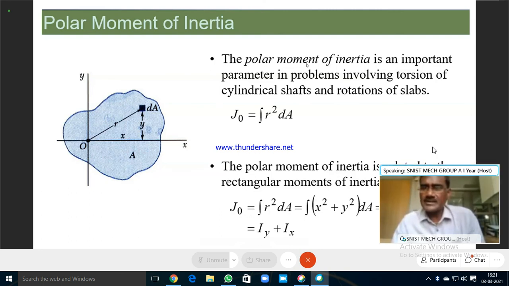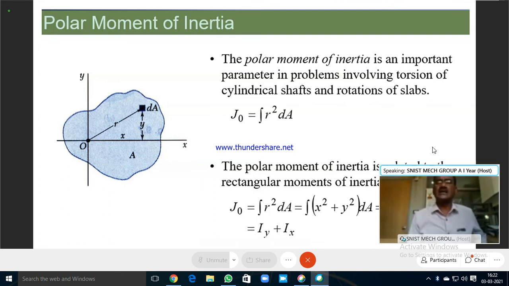Polar moment of inertia is an important parameter in solving problems of torsion of cylindrical shafts and rotation of slabs. It is usually represented by J naught. It is polar moment of inertia, J naught, and it is perpendicular to your xy plane. You can call it as Iz also, nothing wrong in that.